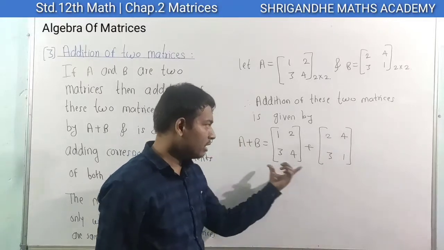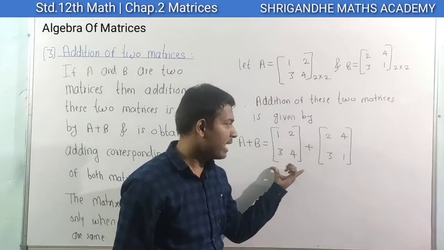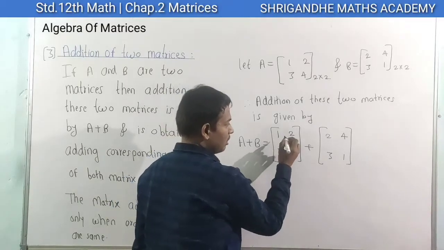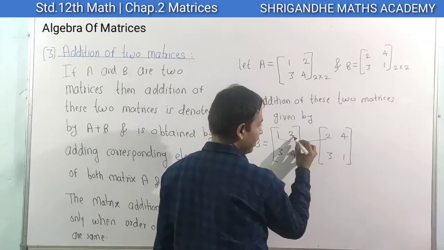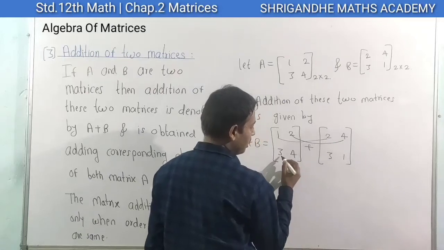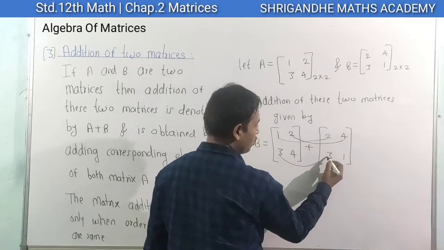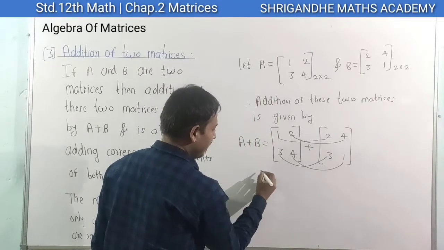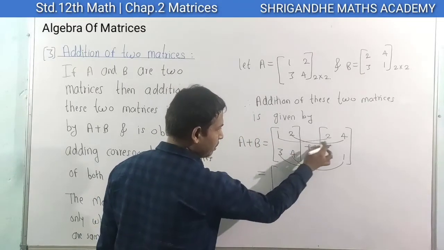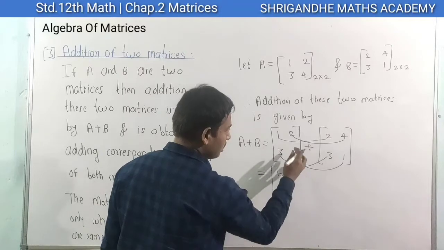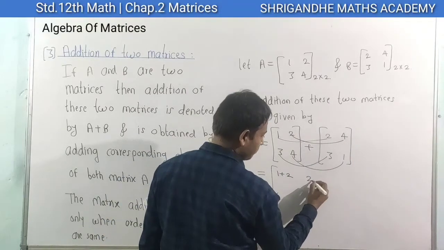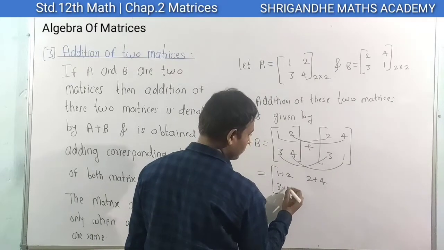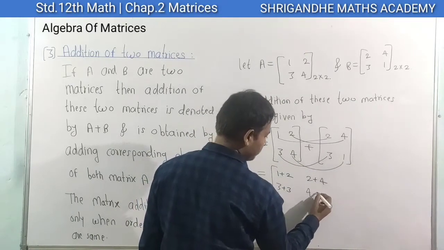Now here we have to add these two matrices, therefore we add the corresponding elements of these two matrices, that is A11, A12, A21, A22. Therefore A plus B equal to 1 plus 2, 2 plus 4, 3 plus 3, 4 plus 1.